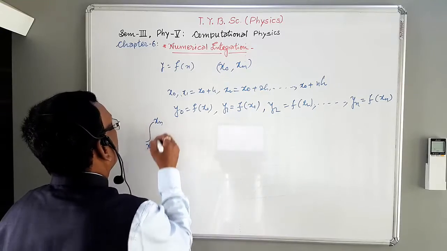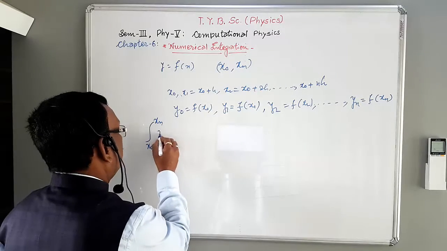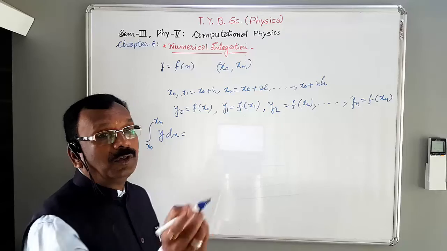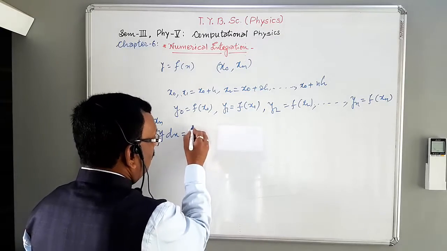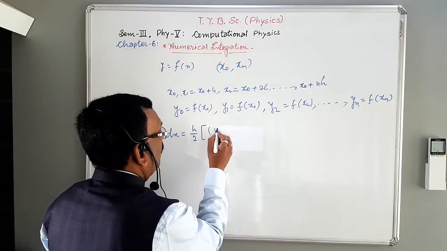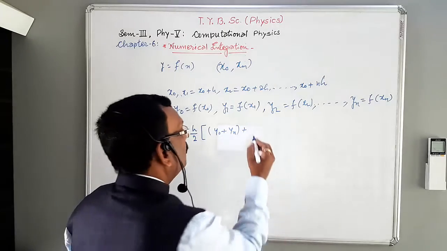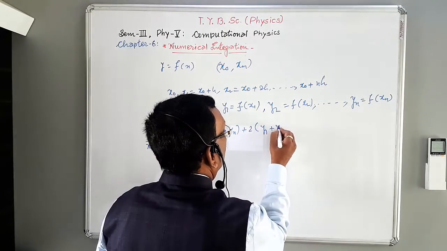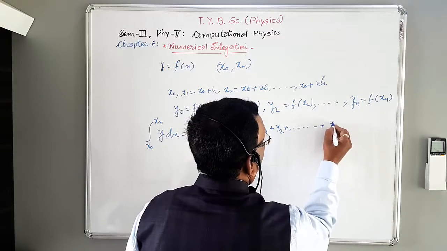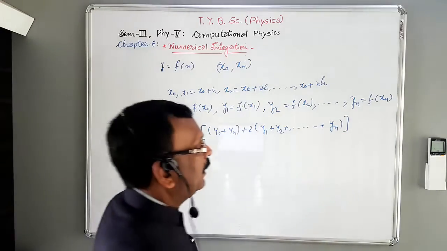The integral from x0 to xn of y dx, where x0 is the lower limit, xn is the upper limit, and y is the given function, is, according to the trapezoidal rule, h upon 2, where h is the interval, times y0 plus yn plus 2 times y1 plus y2 plus up to yn minus 1.